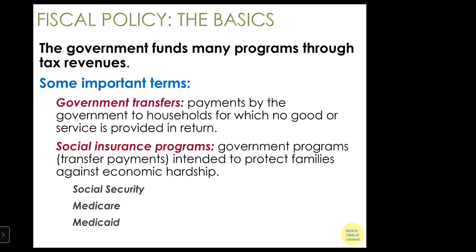This includes Social Security, which is used to protect the elderly and the disabled. Medicare is used to protect the elderly's healthcare costs. Medicaid is designed to provide healthcare for lower income families.